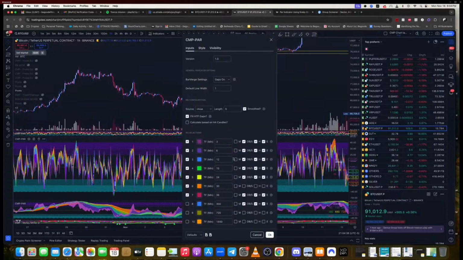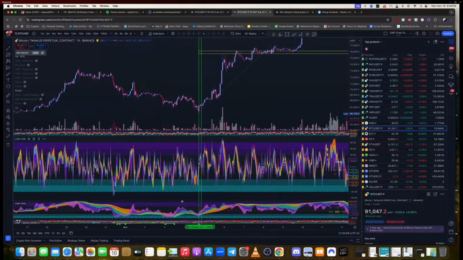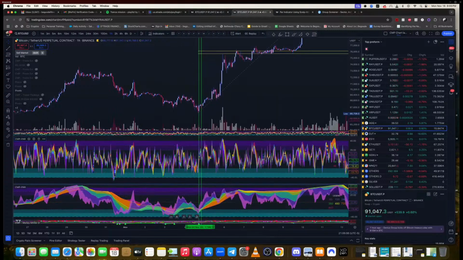So this is my scalp. I'll call it the LTF, or the scalp par ribbon, or scalp par. This setup is also in the par channel, and this is the ribbon with 3, 6, 12, 15, 24, 30, and 36. Okay, but I'm going to go back to the higher time frame.